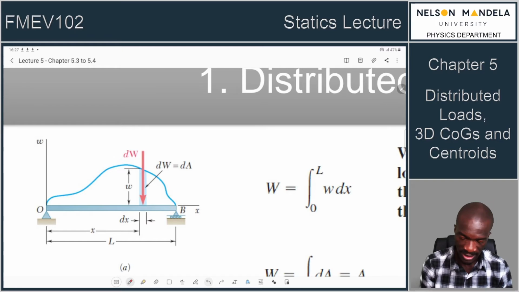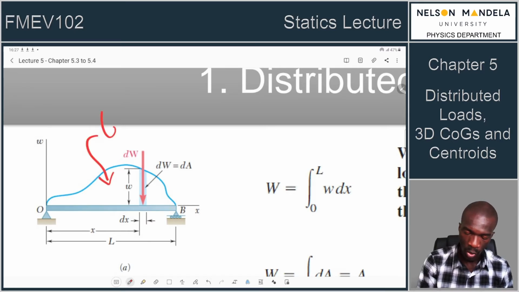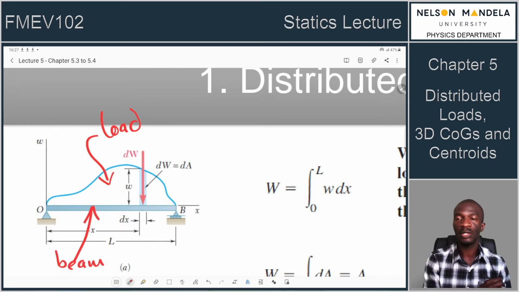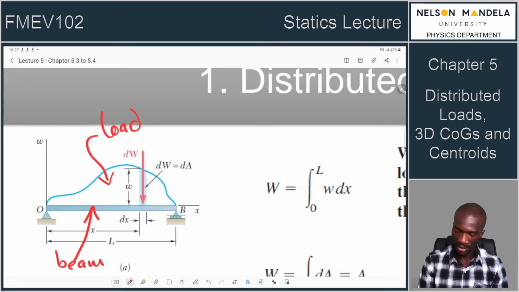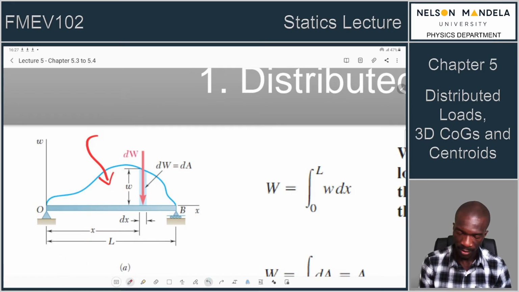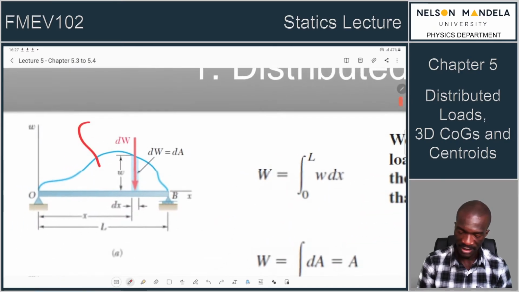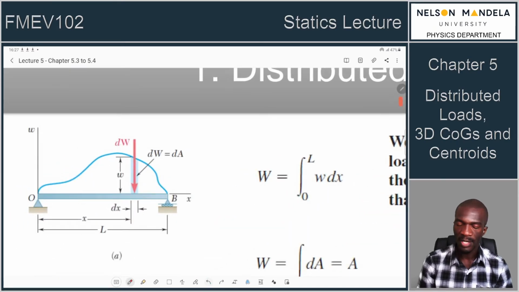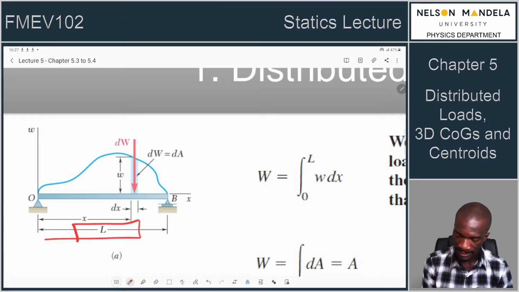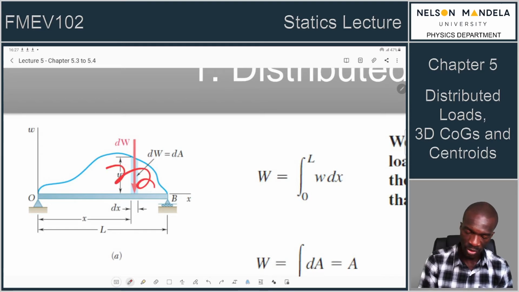We are looking at the load, and we are looking at the beam, which is supporting the load. That's the support of the load. Now, this arrangement is showing us a beam of length L. That beam of length L has some material on top of it.